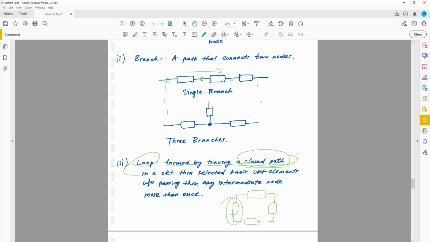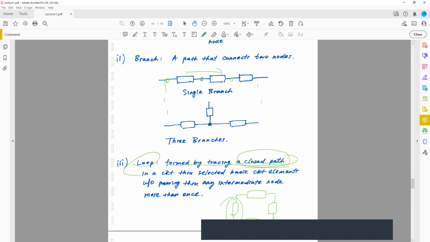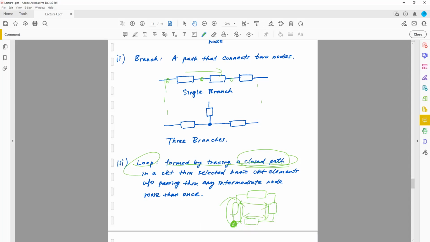For example, I start from this point, associated with this element, and then I go up, go to the right, go down, and go to the left. This is a loop, and this is a closed path. I only want to pass each element once, not more than once. I just want to start from here and end at the same point. So this is my loop.